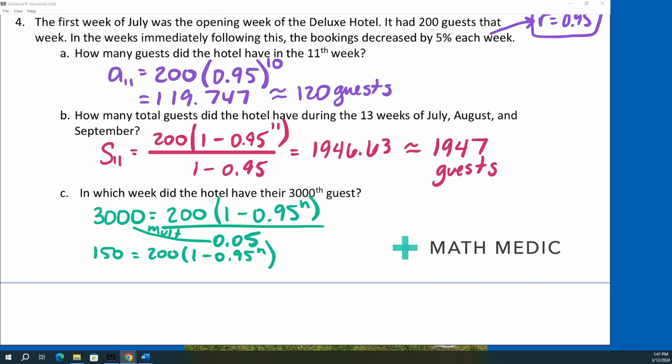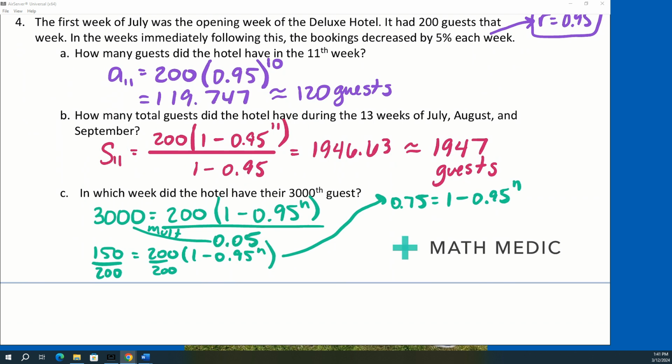Our goal is to get this part right here, this exponential part, by itself. So what? Good. Sorry, you guys don't have a lot of room to get all this done. So this is going to be 0.75 equals 1 minus 0.95 to the N.